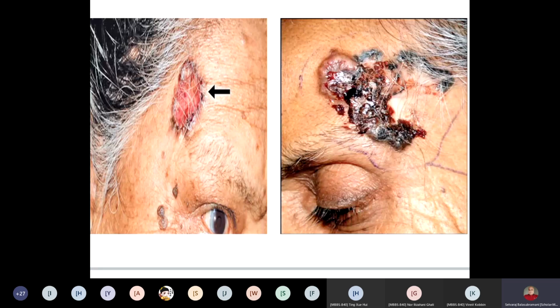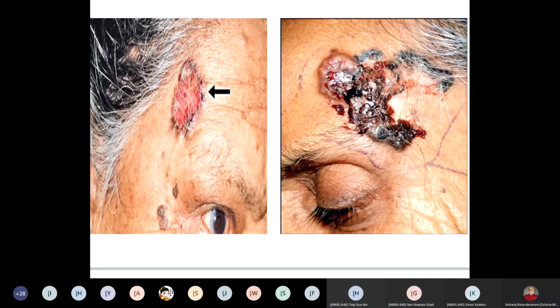What type of edge will you have in basal cell carcinoma? You told already. Raised and beaded. So what is the treatment for this? Excision. Surgical, what? 3D excision. Very good. Will you do lymphadenectomy?